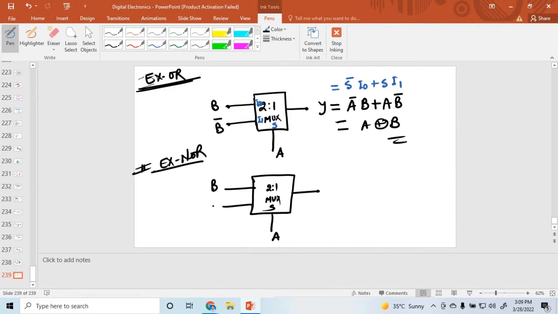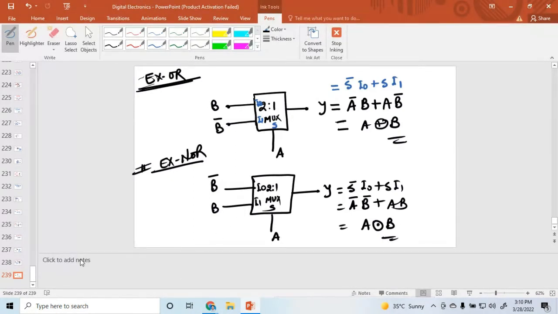So this input is B bar and B. And what is the output? Output is equal to S bar I0 plus S I1, so A bar B bar plus AB. So this is called A XNOR B. Is that clear? Or anyone have any doubts, any query?